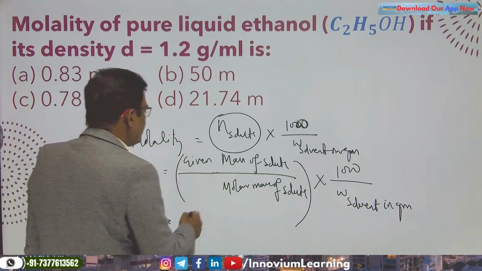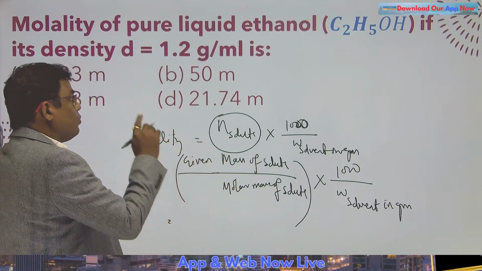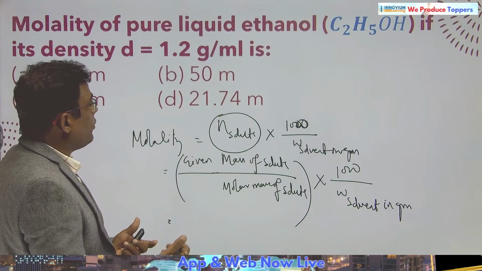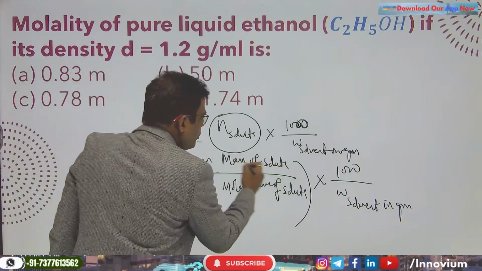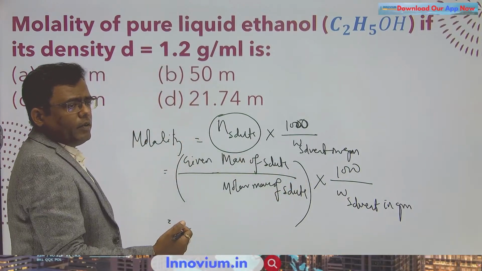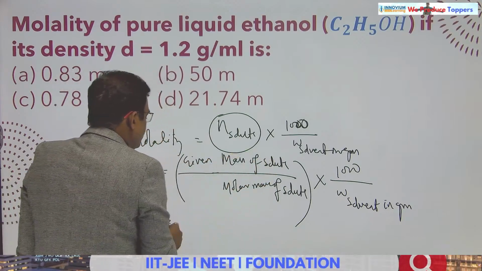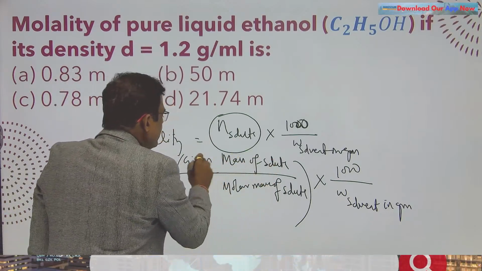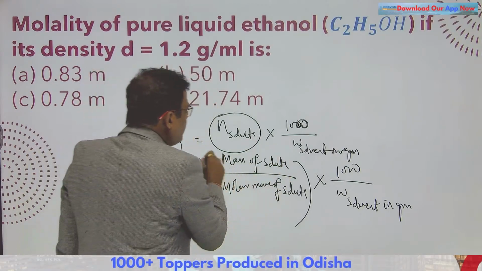So whenever you find this type of question which is a pure liquid, correct, in that case always consider the solute and solvent to be of the same substance. Now here you see, given mass of solute, in place of this we can consider mass of solute or mass of solvent.